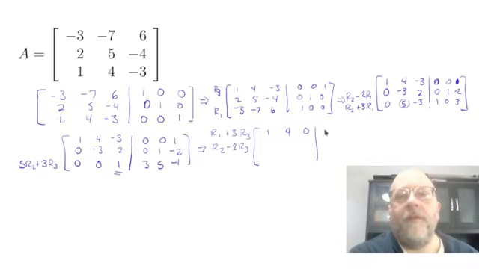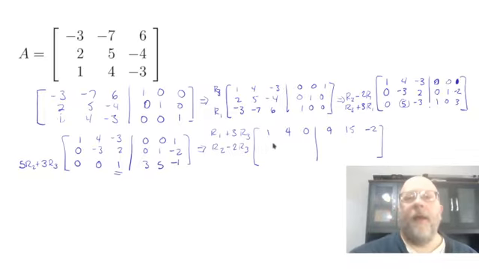0 plus 9 is 9. 0 plus 15 is 15. 1 plus negative 3 is negative 2. All right, 0.